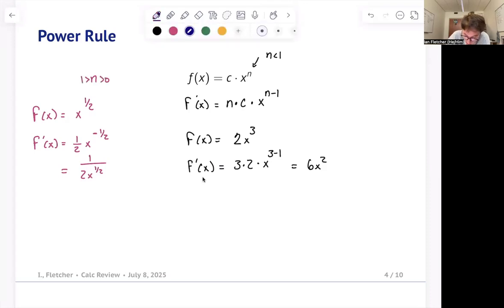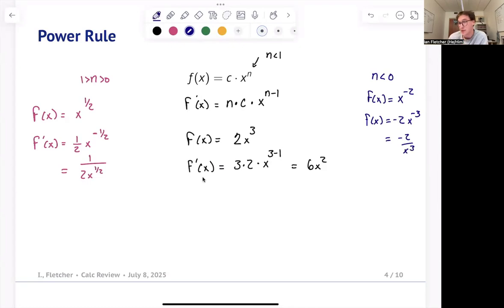If we wanted to do something super similar with n less than 0, let's go, f of x should equal x to the minus 2, right? It works the exact same way. We're going to throw this minus 2 out in front, decrease this exponent by 1, and we can simplify this down if we want, but it's going to work the exact same way.